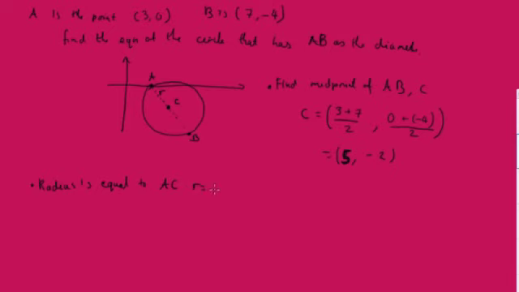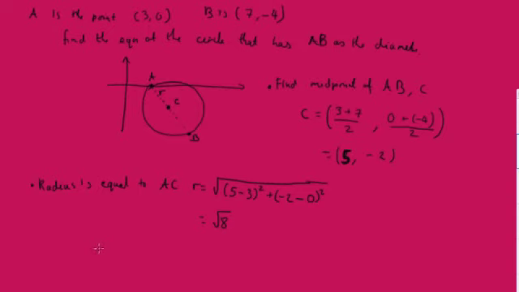So r is going to be the square root of 5 minus 3, so the x coordinates, all squared, plus minus 2 minus 0, all squared, which is going to give us the square root of 8.